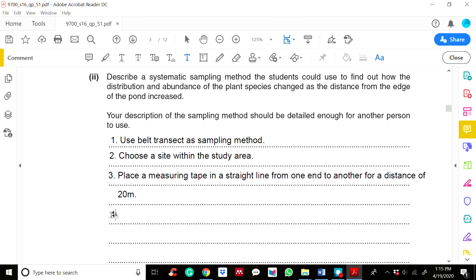Next step is where you place the quadrat. Place the quadrat at regular intervals along the line, for example, every 2 meters.